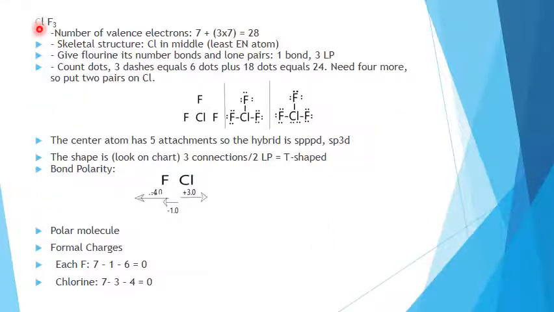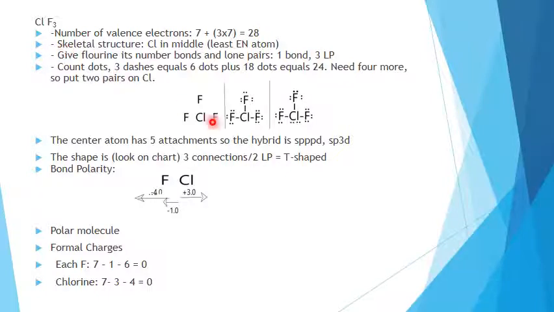All right, now chlorine trifluoride. Okay, the number of valence electrons is 7 plus 3 times 7. All 4 atoms have 7 valence electrons, 28.